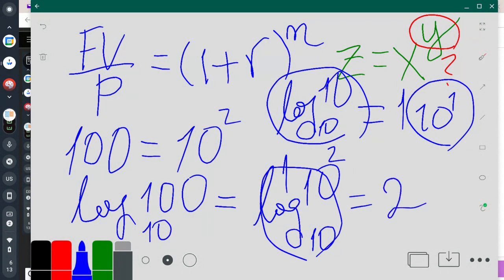In other words, this is basically a way of writing log. Log has such a property.